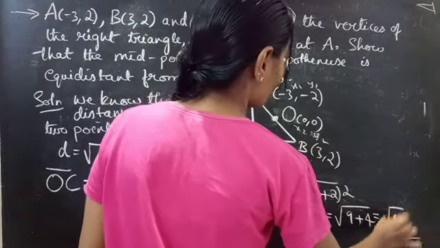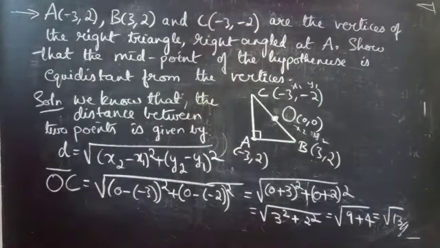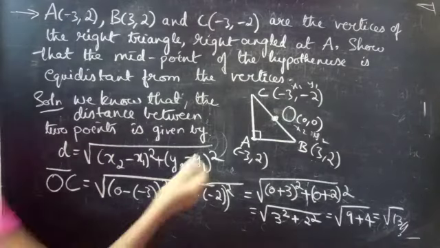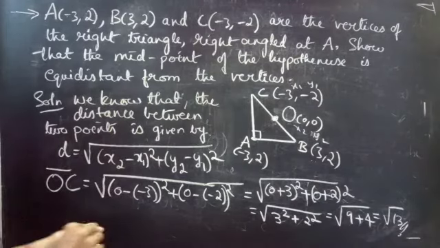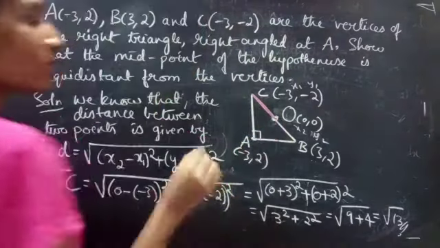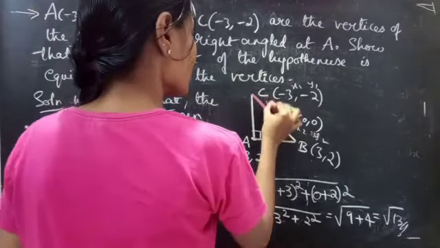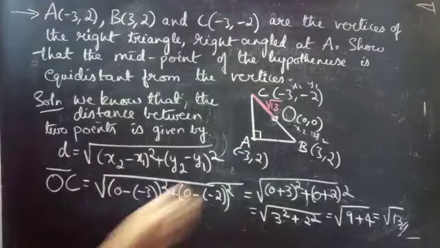So you'll get square root of 13. So the distance between the 2 points OC is square root of 13.